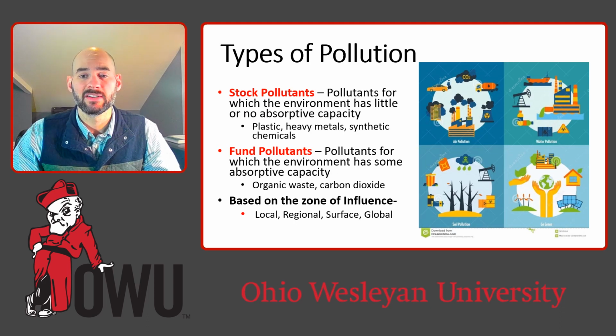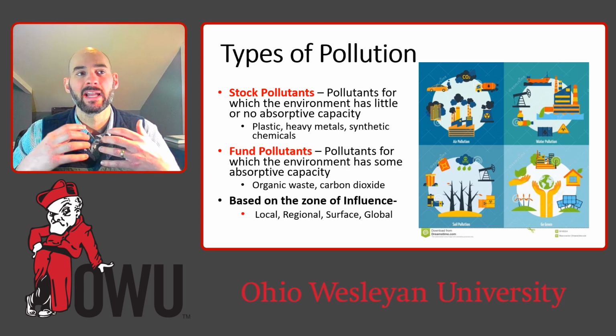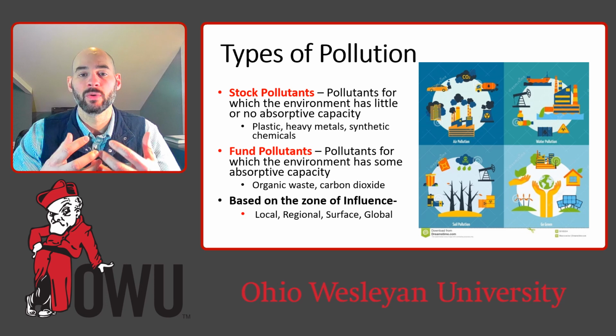Okay, so in addition to the more obvious way of categorizing differences in pollution by where they occur or what part of the environment they affect, such as thinking of air pollution, water pollution, or soil pollution, we can also think about different types of pollution according to what extent they exist in the ambient environment over a period of time.